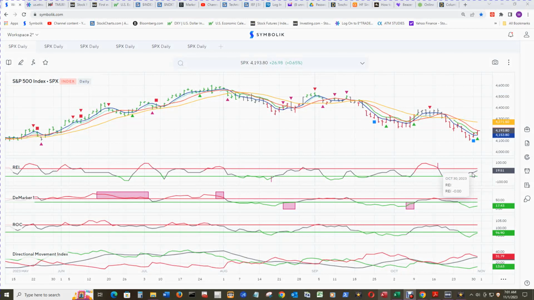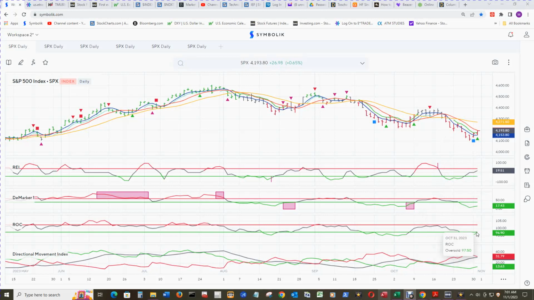And REI moved off of zero neutral and ticked to the upside, and you can see there's a low risk up arrow for REI, but I still wait for DM1 and ROC to make it above their oversold lines.